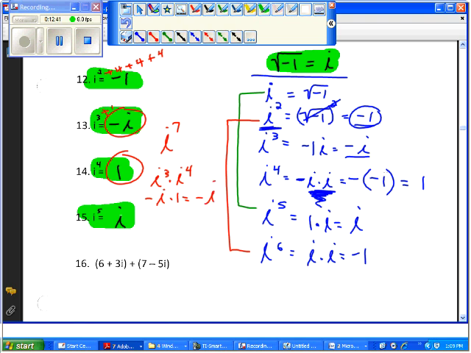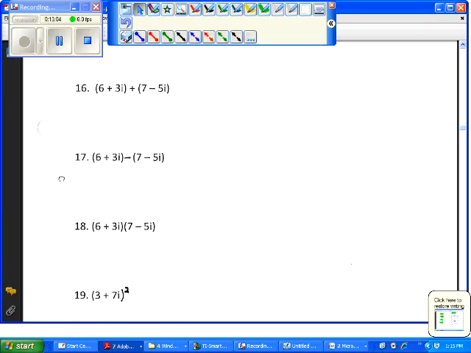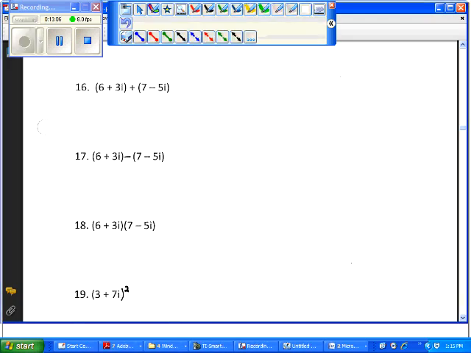Or you could say, well, if I add 4 to that, I have negative i. There are different ways you can think of it. But if you just add 4 to one you know, or 8, or 12, or 16, or 20, a multiple of 4 added to what you know is right back to what you know. Very good there.